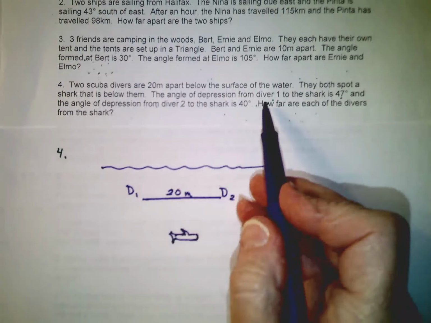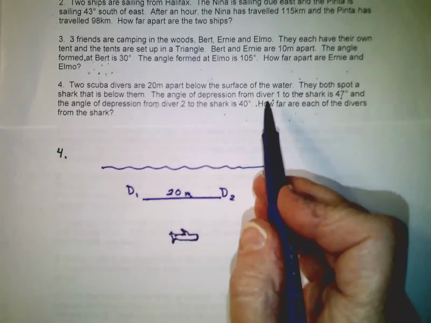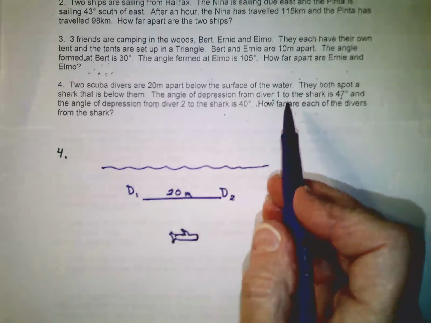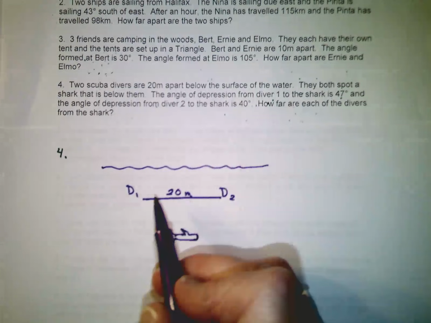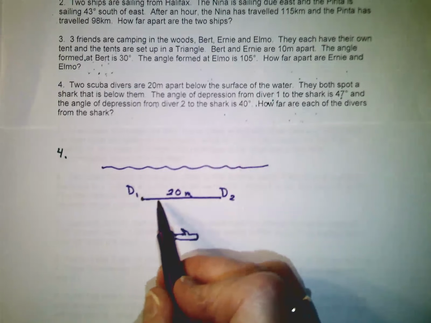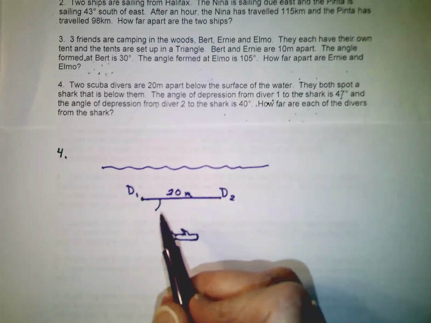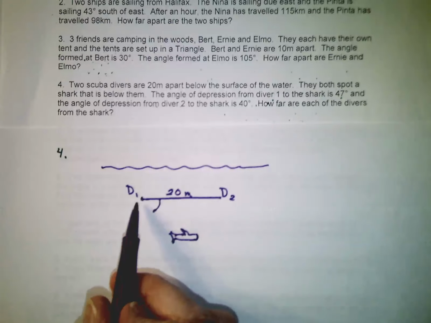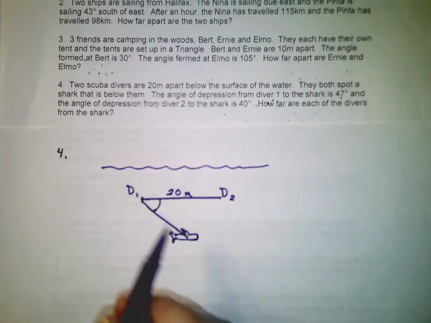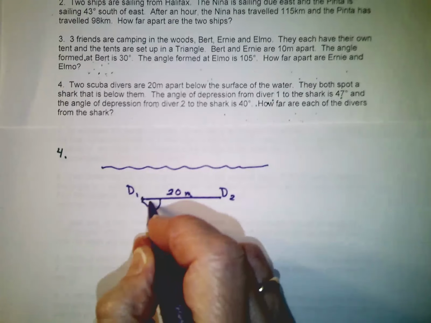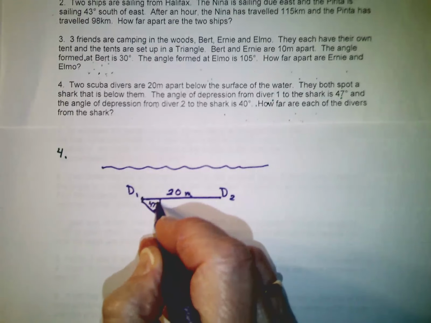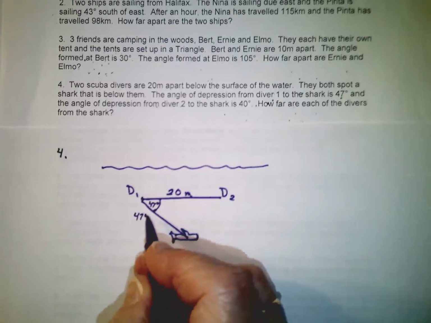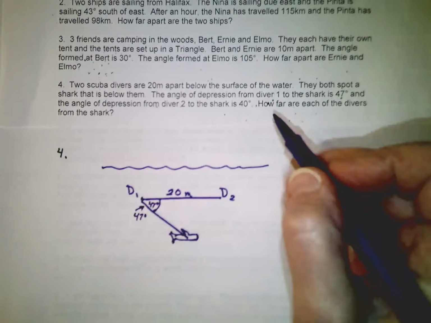Angle of depression means down from the horizontal. Angles of depression and elevation are always measured from the horizontal. So from diver 1's point of view, looking down to the shark is 47 degrees. That 47 is not showing up too well there. 47 degrees.